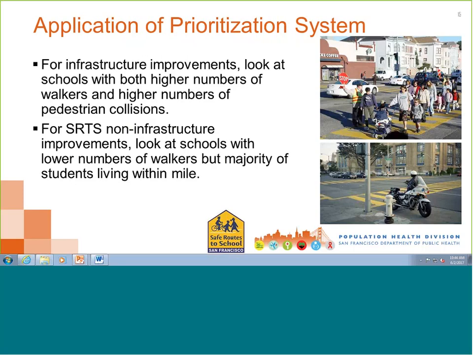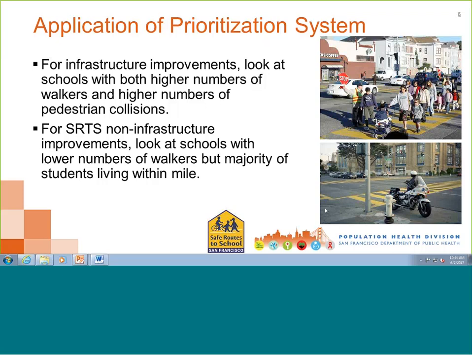So I'll show you examples of our prioritization system in a minute, but basically, based on the article, for capital improvements, we look at schools that have high rates of walking and high numbers of pedestrian collisions, and those schools should be prioritized first for improvements. It's basically working with the lowest hanging fruit. If you have a school that has really high rates of walking, we have to make it safe for them as soon as possible.